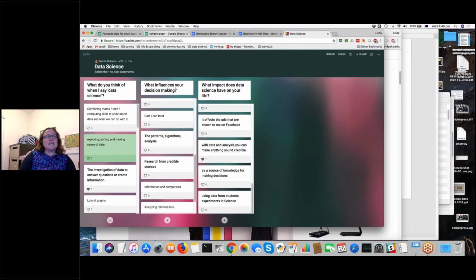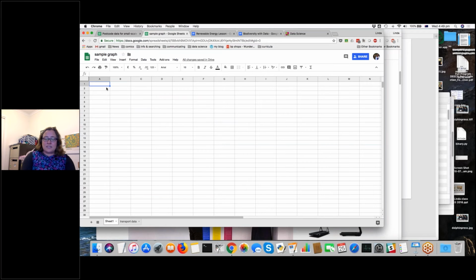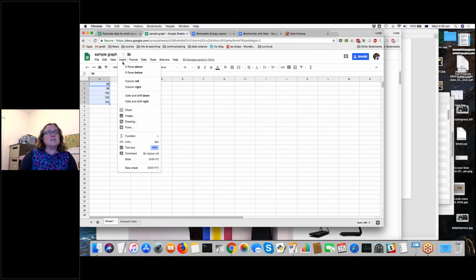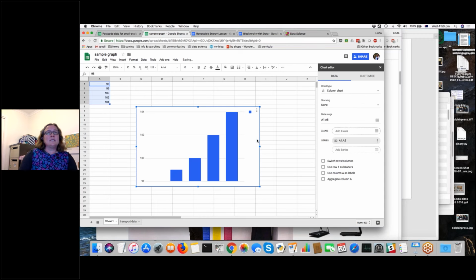And one of the problems with that is that if you use a standard spreadsheet system, I'm using Google Sheets here, it's a little bit small, but I hope you can see it. If you have a data set that looks something like that, goes from 98 to 104, and you insert the default graph that comes with that, you get something that looks like that.